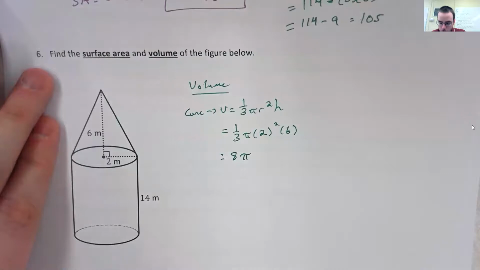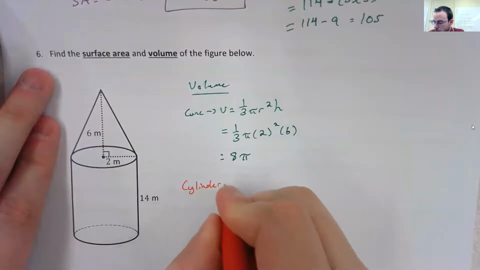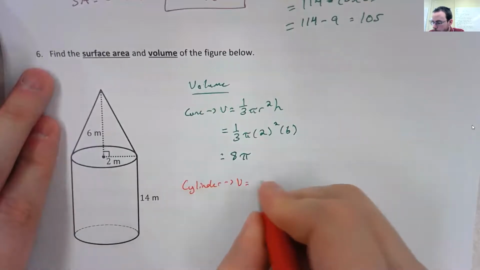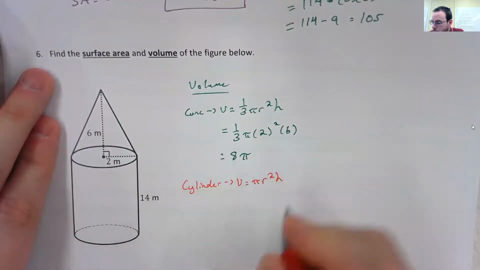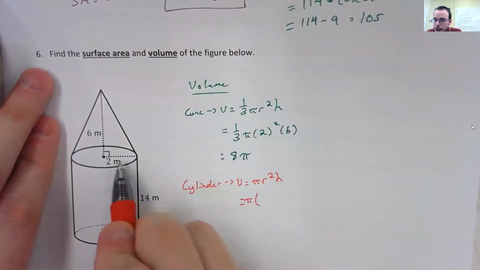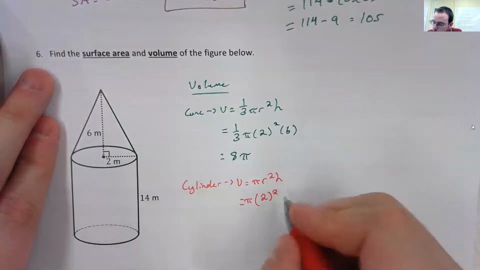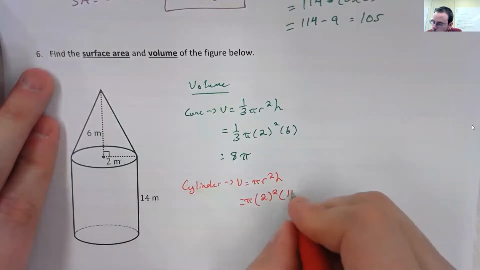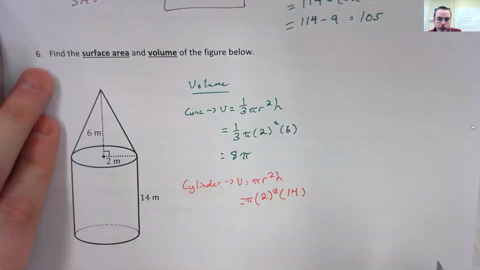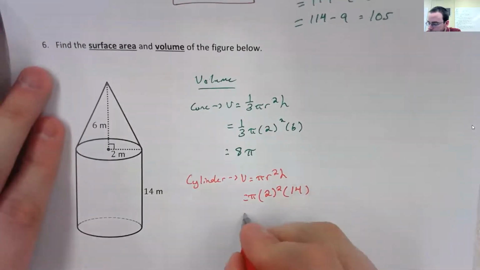Now we do the volume of our cylinder. The volume is equal to pi r squared h. So the radius of the cylinder is equal to 2. The height of the cylinder is equal to 14. 2 squared is 4. 4 times 14 is equal to 56.